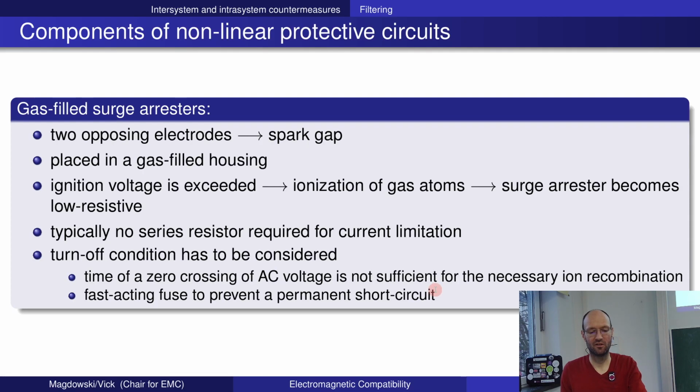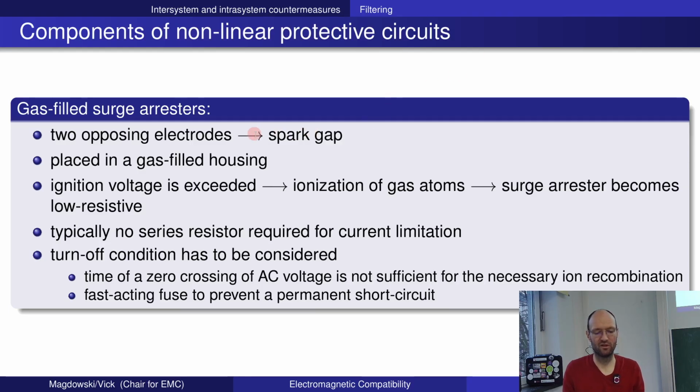Then another thing that works in the same way is a spark gap inside a gas-filled surge arrestor. There's some component in a glass housing with just two electrodes, and if the voltage difference between these two electrodes gets too high, then this element will get conductive, and it will also dissipate the disturbance current against ground.